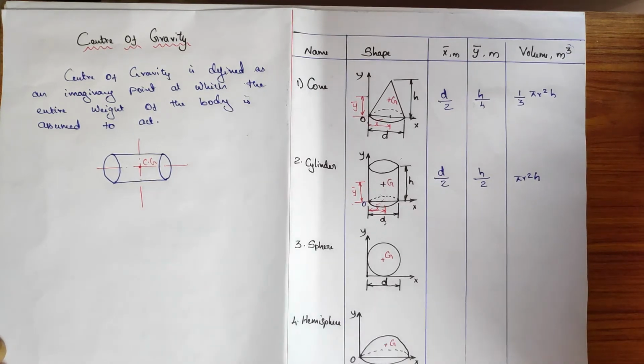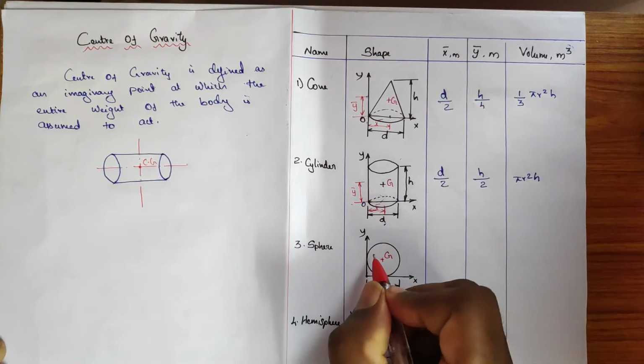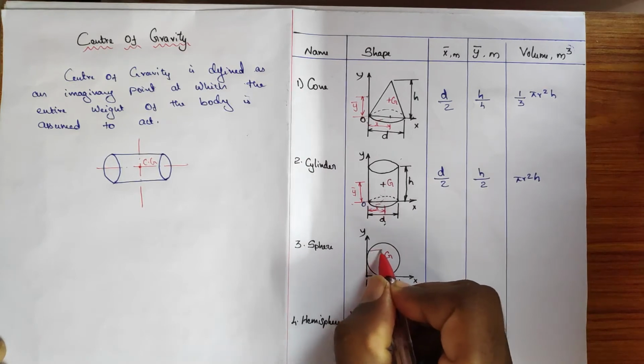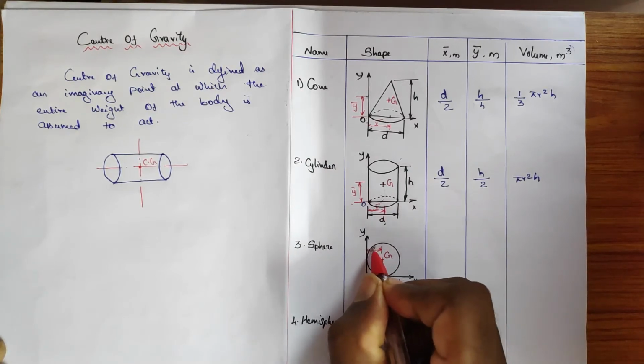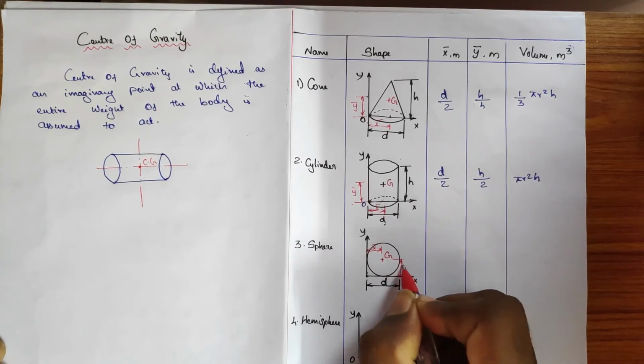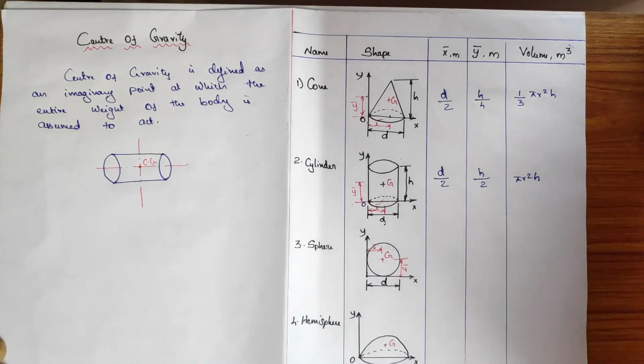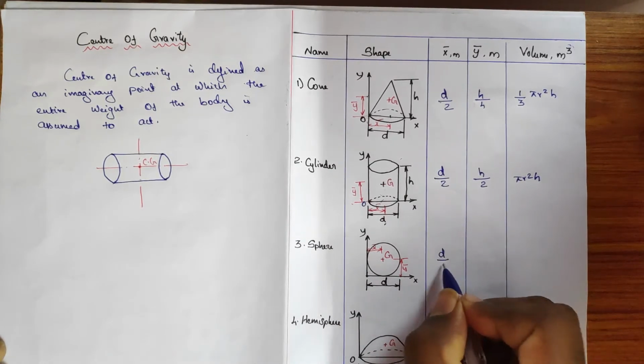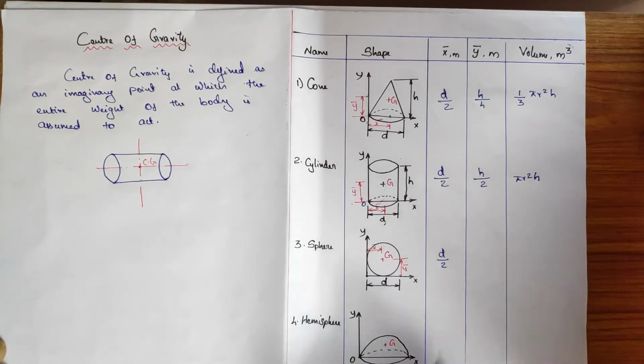And the sphere. The x bar and y bar are here, right? So this is the x bar and this is the y bar. This one we need to find. So x bar is d divided by 2, its diameter divided by 2.